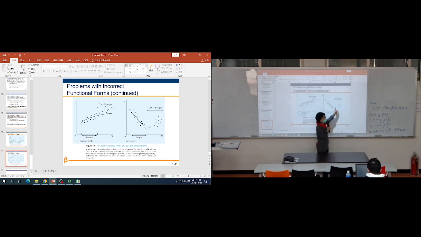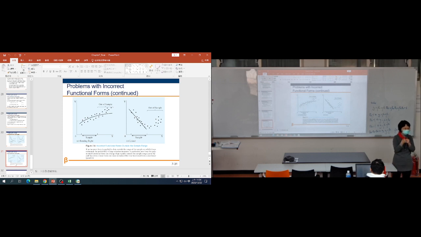And this is the original data, but I'm using this part for my forecasting, so I end up with the linear forecasting model. So here the forecasting error is bigger. In other words, they are trying to say that if we have the incorrect functional form, the forecasting error becomes bigger.